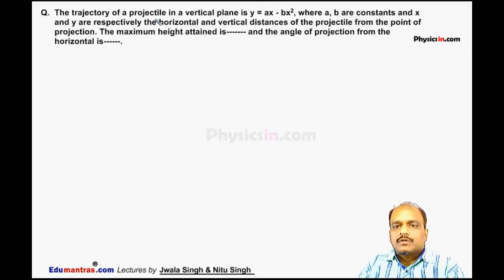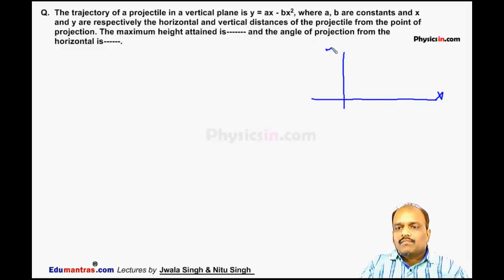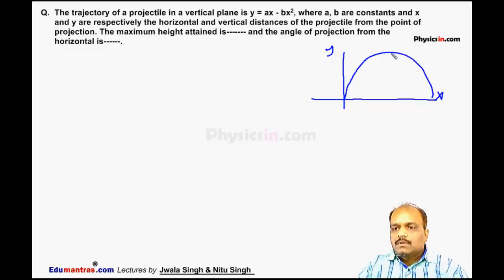See, the equation of trajectory of a projectile in a vertical plane is given by y is equal to ax minus bx square, where a and b are constants and x and y are the x and y coordinates respectively. We have to calculate the maximum height attained by the particle and the angle of projection from the horizontal. This is our x-axis, y-axis. If we project the particle from here, y as a function of x is given by y is equal to ax minus bx square.